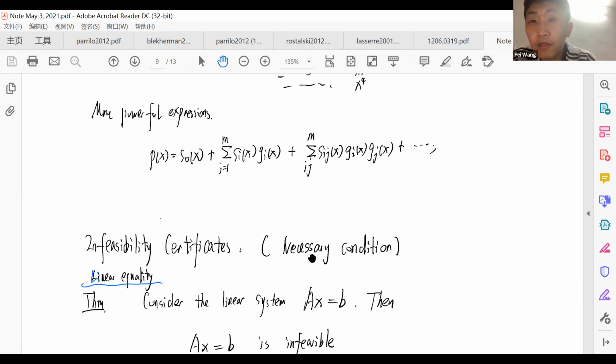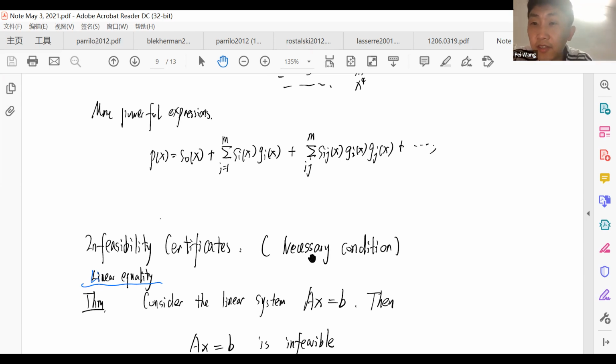Therefore, if it doesn't satisfy the necessary condition, then we can show that this polynomial is not non-negative.